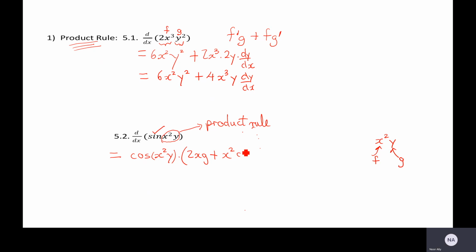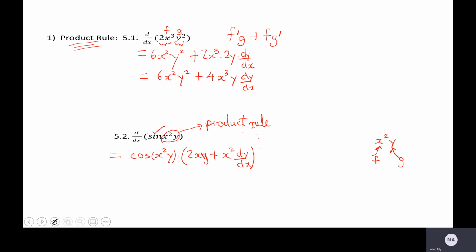That is correct, dy/dx. That was it, 2xy. Nothing much that we can really do over there. We could multiply it out, but I want to leave that. I merely want to emphasize the product rule.